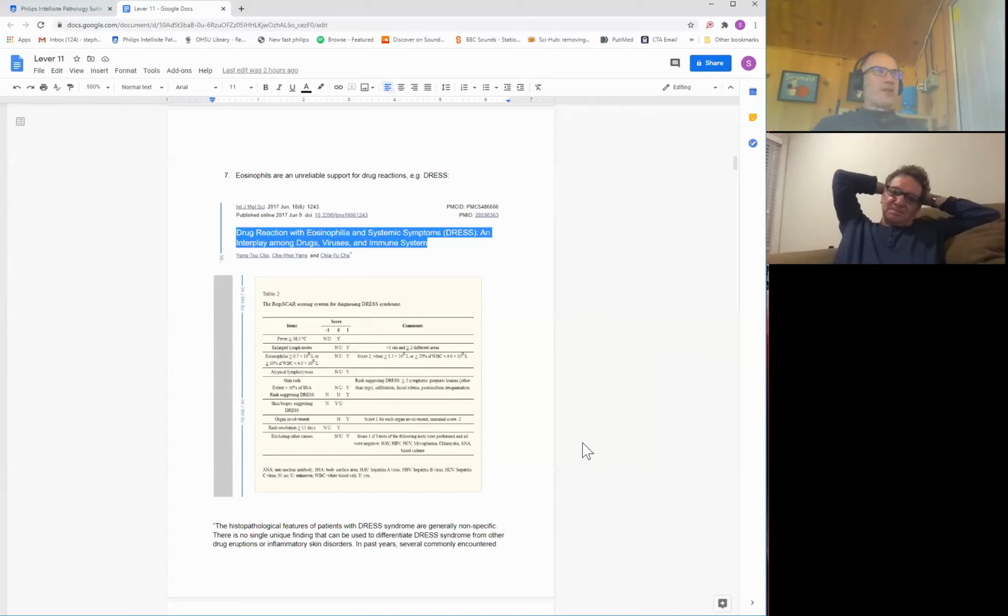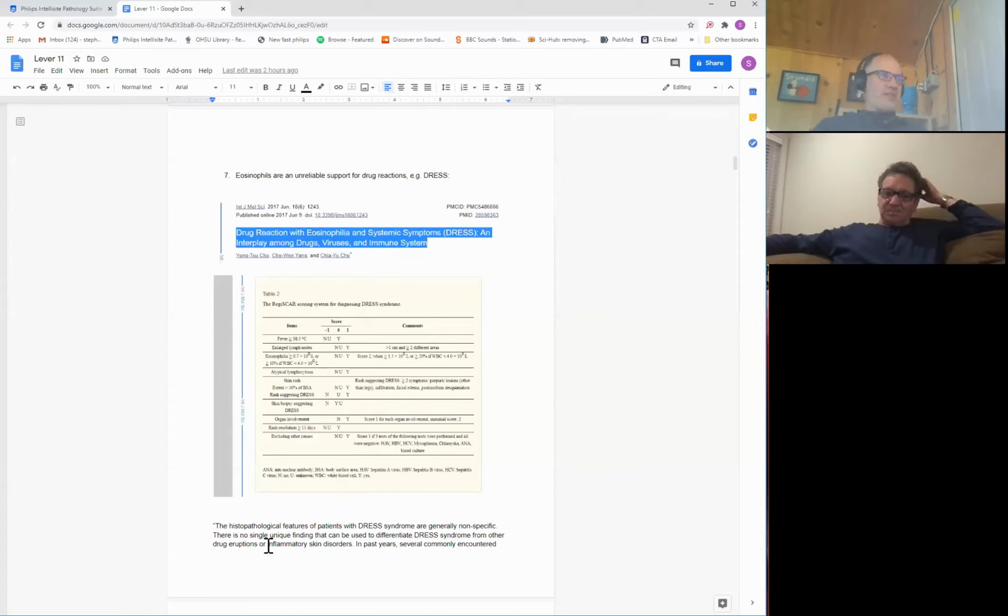DRESS is actually a clinical diagnosis, not a pathologic diagnosis. And I thought this was interesting. Here's a paper about DRESS, and it says in the scoring system, skin biopsy suggesting DRESS gets assigned a certain number of points in their diagnostic scoring system. But then they go on to say the histopathologic features of patients with DRESS are generally non-specific.